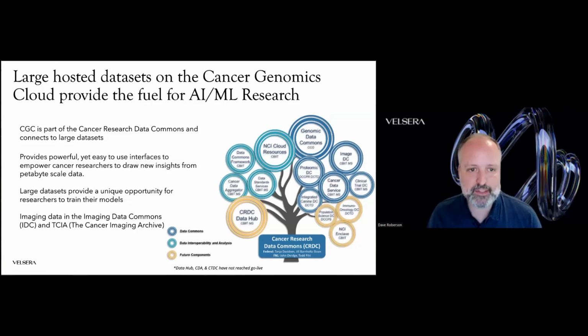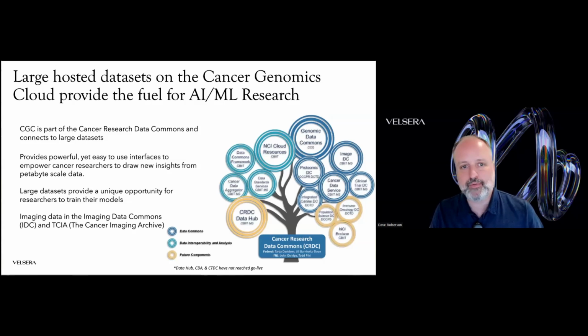We have this tree image, which you may have seen before, which shows a lot of the different branches that provide the different data sources. These can all be connected relatively easily with the Cancer Genomics Cloud.